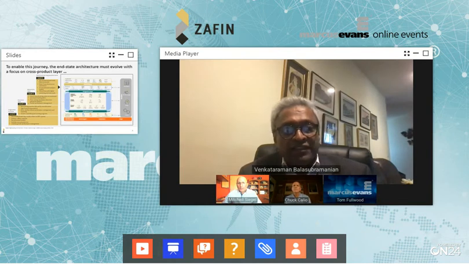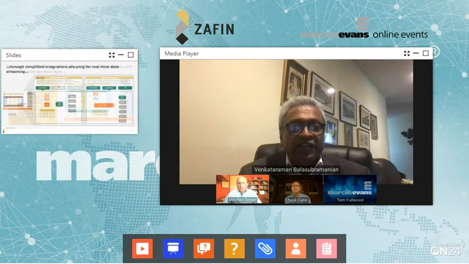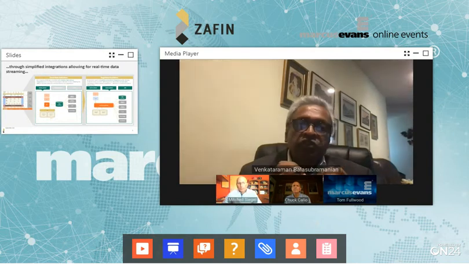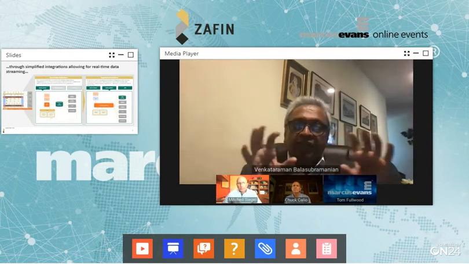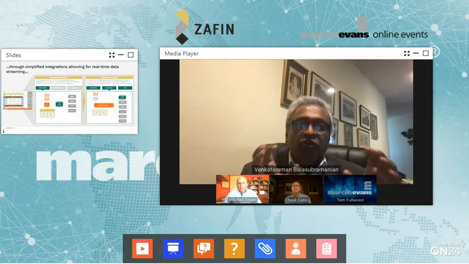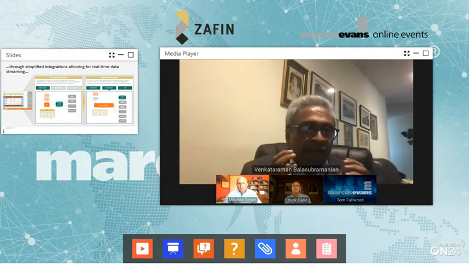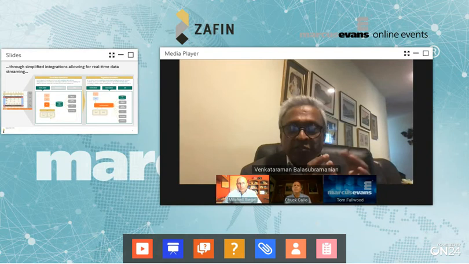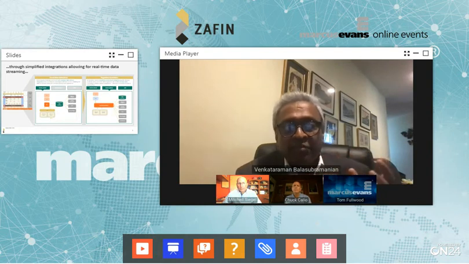So the key here is, as you evolve this end state architecture, and both Mitch and Chuck touched upon this, you have to ensure that as you create that cross-product layer, you're also enabling highly simplified integrations. These integrations in the past were very batch-driven because the core systems were more batch-enabled.